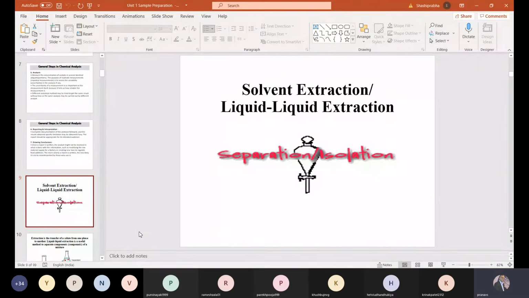It is used for separating inorganic substances or ions and organic substances as well. So both can be extracted. It can be used for extracting the analyte of interest or analytes of interest.